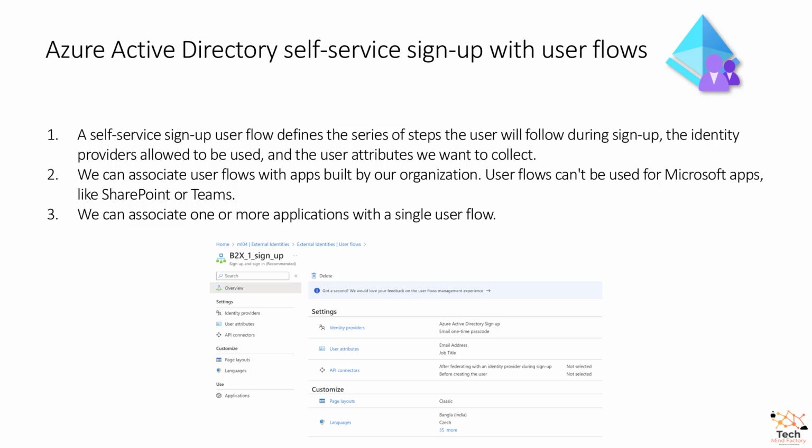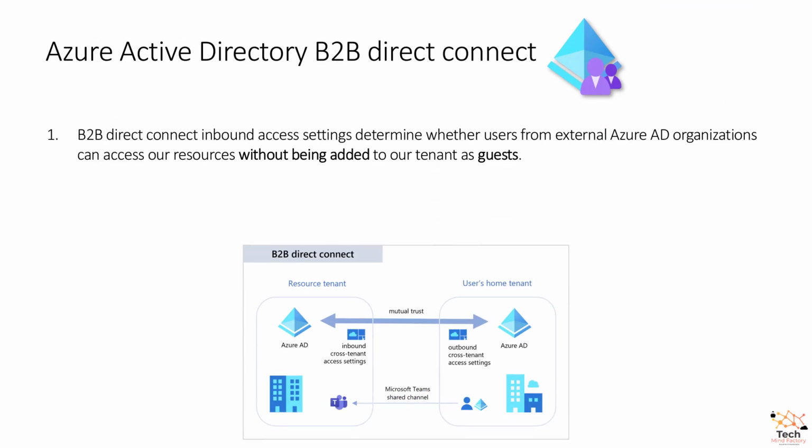And also maybe during the sign up for such a guest user, we would like to collect additional information or attributes of the user like city, job title, and so on. So with user flows, it's possible. And in one of the videos in this series, we are going to talk about Azure AD external identities and user flows.